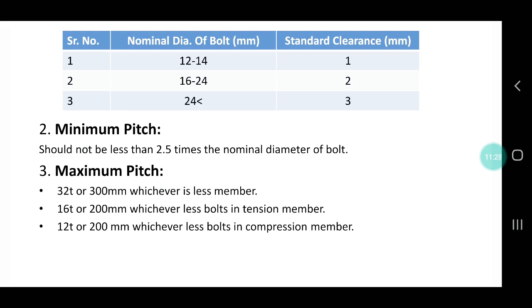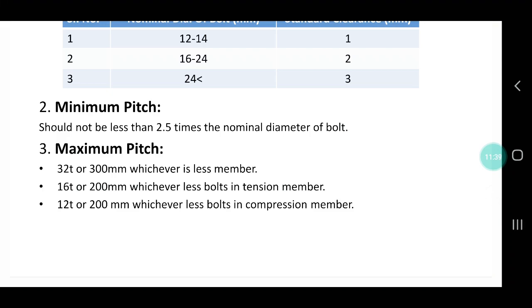So 12T or 200 mm for the compression member. Here you can see that for the tension and compression members, the maximum pitch is different. For the compression member it is less, and for the tension member it is more.